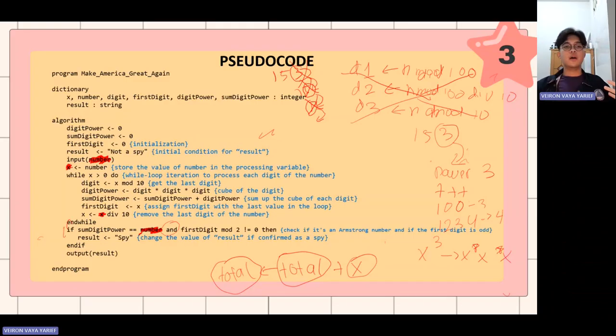And for the condition of the while, you learn more here. The iteration condition is not always i equals i plus 1 or i equals i plus 2. It's not always like that. You can do x equals x div 10. Someday you will get x equals x div 2 maybe. Someday you will get that, okay?